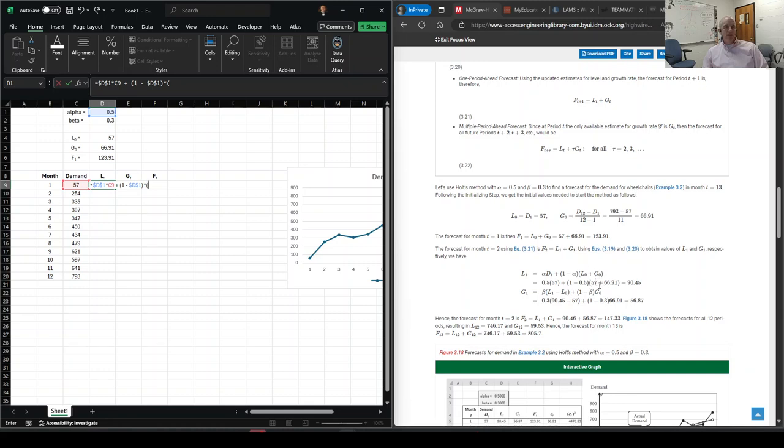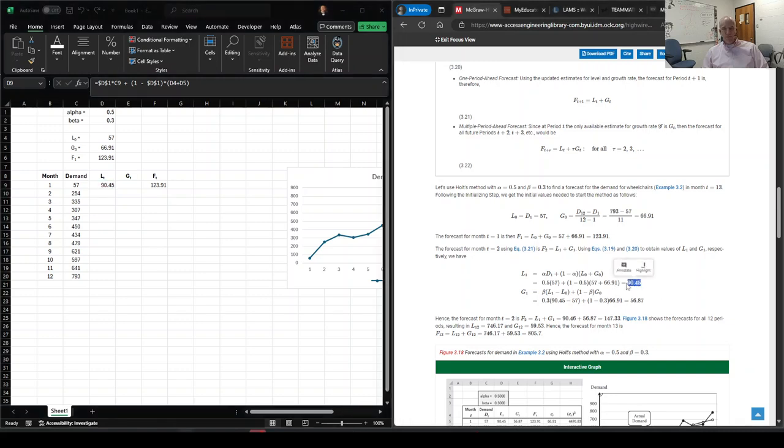That's actually the forecast of month 1. See how that's 57 plus 66.91. In order to follow along with the book, I will use those numbers explicitly. So we're doing the 57 plus the 66.91. That entire equation is going to give us 90.45.